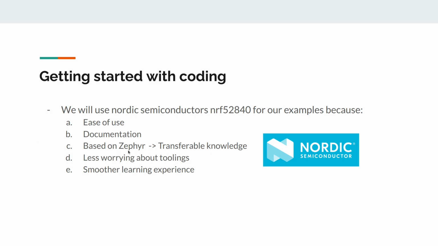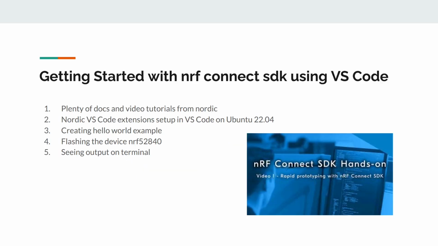Zephyr is an operating system for IoT, and it supports a lot of different hardware types. So what we learn here can be transferable to other platforms. Also, Nordic has really nice tooling, so the setup effort will be very small, and we can focus on learning about Thread instead of fixing our tools all the time.